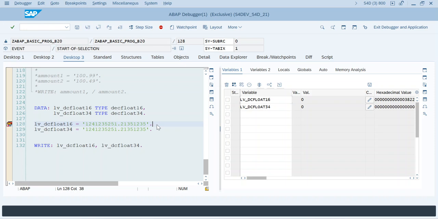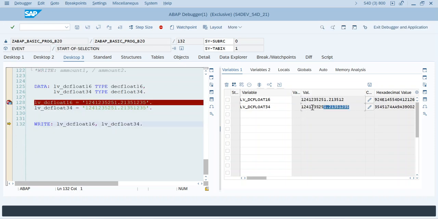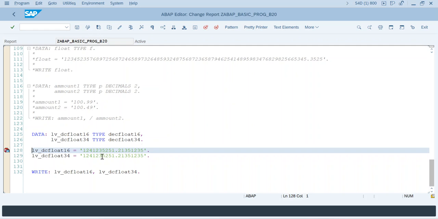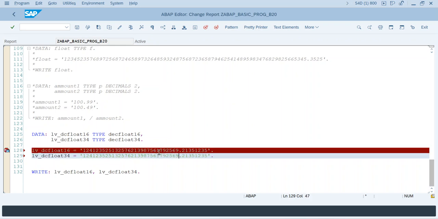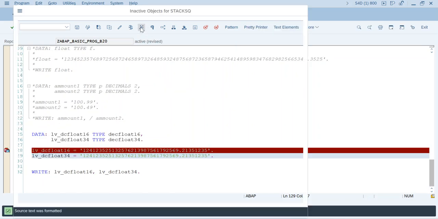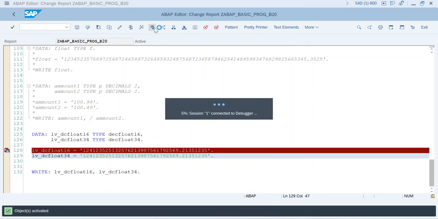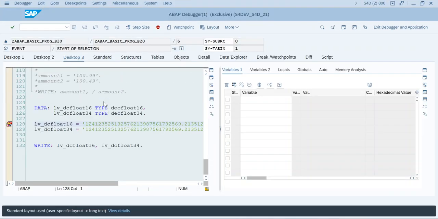You see now it is storing accurate value. To some extent it will store like this. You see, still it is storing accurate value. The moment the memory is full, for example I'll add a few more numbers. Now you see what happens. Initially it behaves like packed decimal, the decimal float.